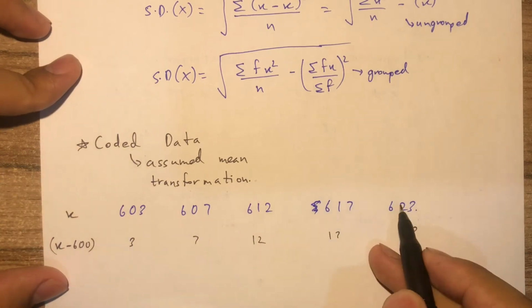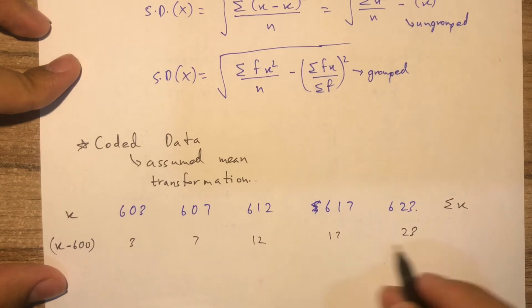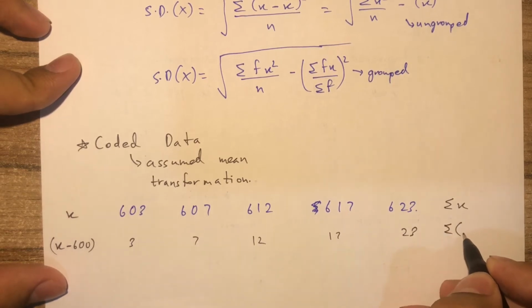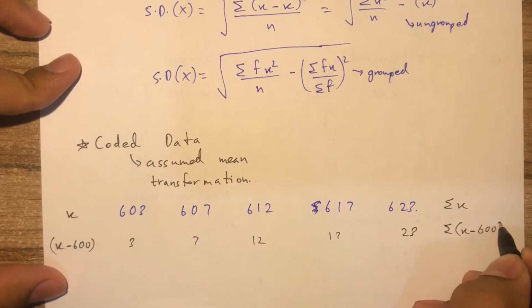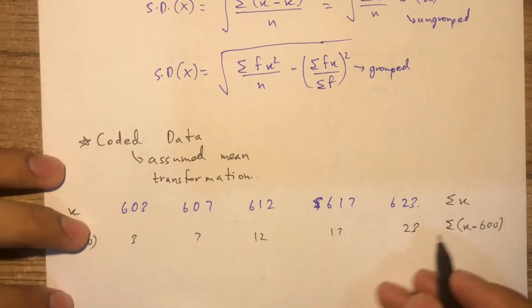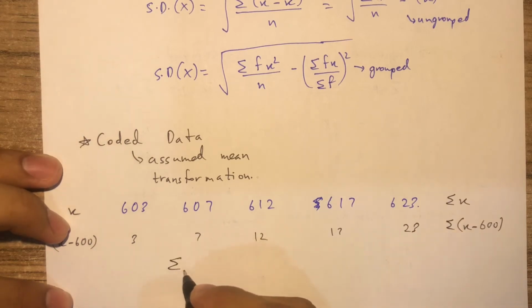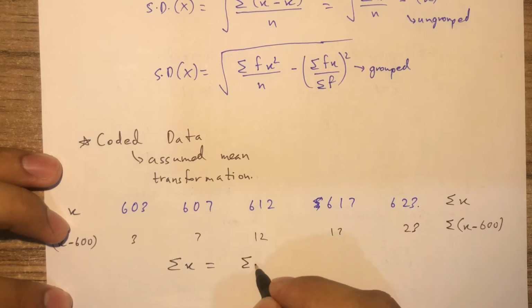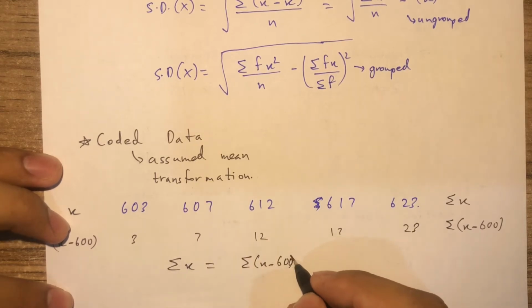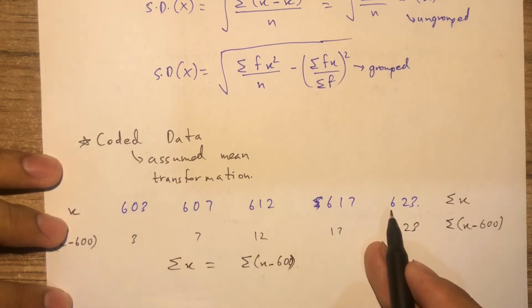So the sum of these would be sigma x. The sum of these will be sigma x minus 600, right? Now if we had to make a relationship of sigma x and sigma x minus 600, so basically what we did was that we subtracted 600 from all of the terms, right?